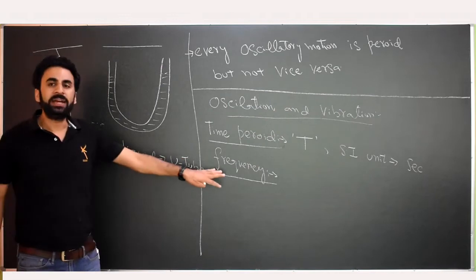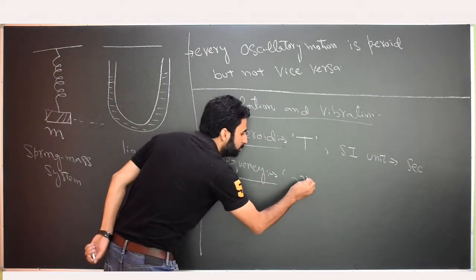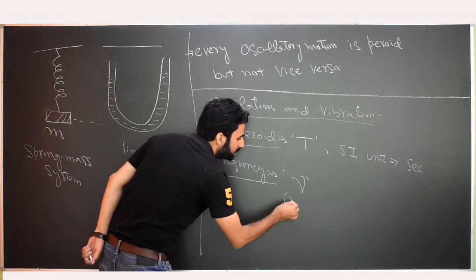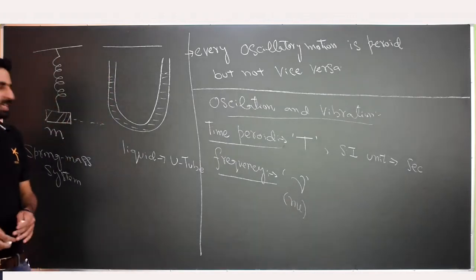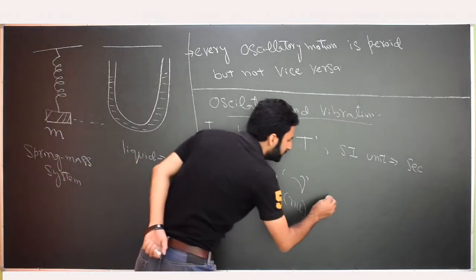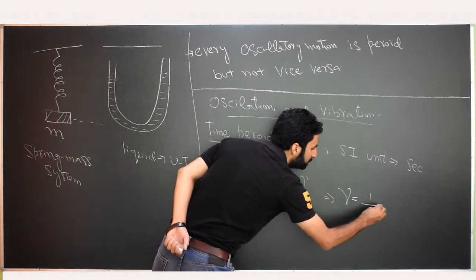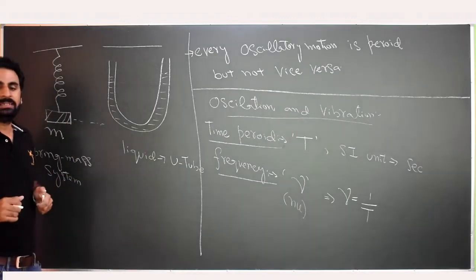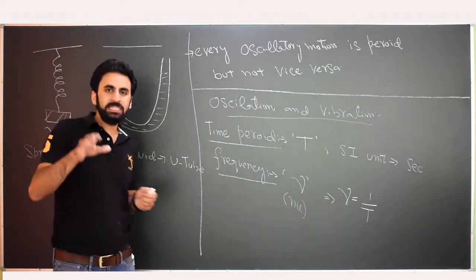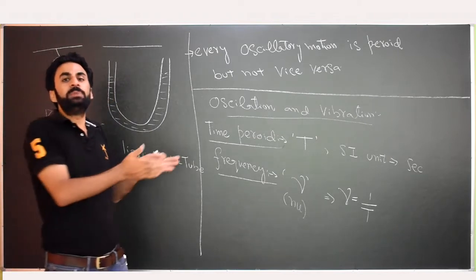Another term we define is frequency, and this frequency is denoted by nu. It's a Greek symbol, we pronounce it like nu. Mathematically, we write frequency as the inverse of the time period. Now what do we mean physically by frequency? Frequency we define as the number of oscillations completed per second.